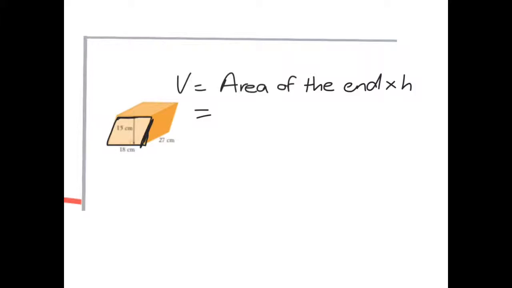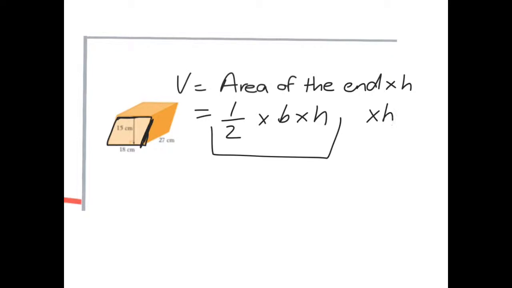So we've just got to work out what the area of the end is, and if you look at your formulas for area, you'll know that the area of a parallelogram, which is what this is, is the base times the height of the parallelogram, and then we times that by the height. So just be careful here, because we've got height mentioned a couple of times. In this case, it's talking about the height of the parallelogram here, and in this case, it's really talking about the other measurement.